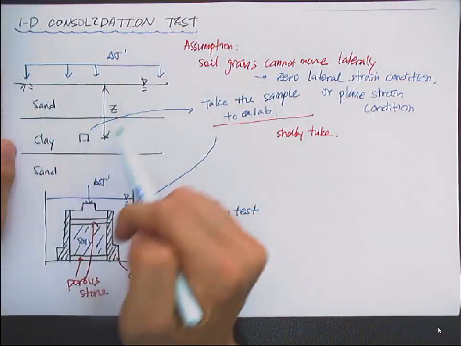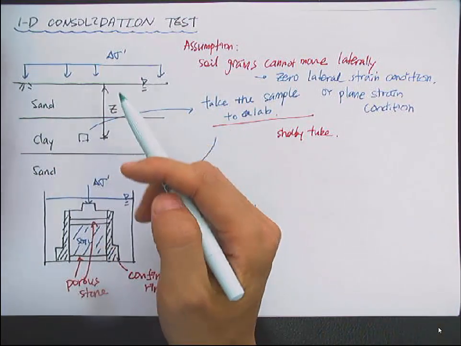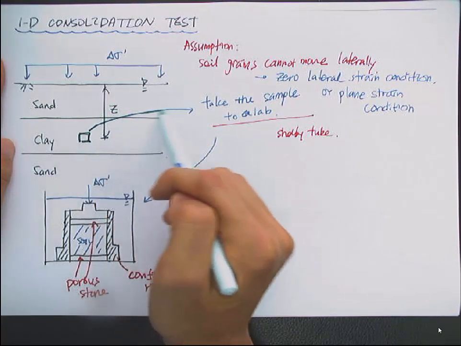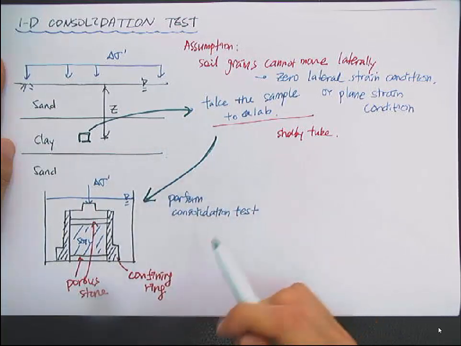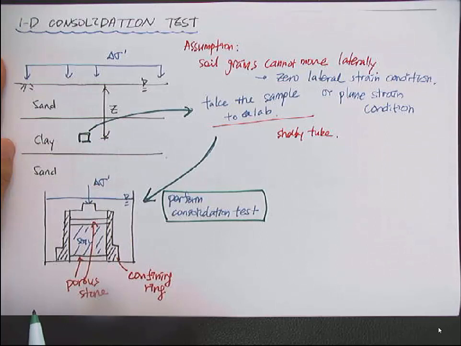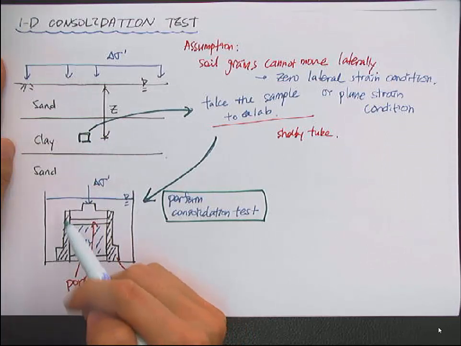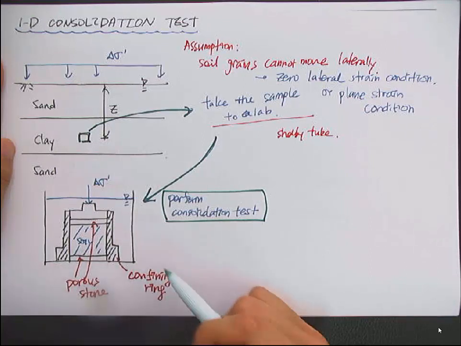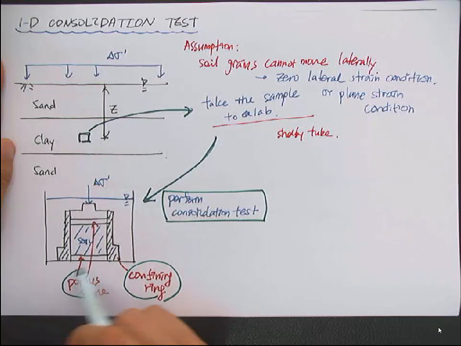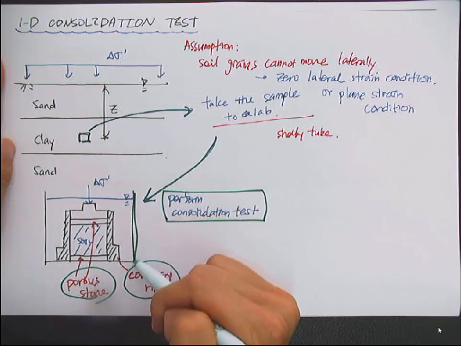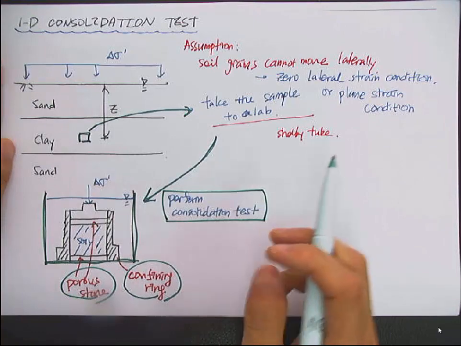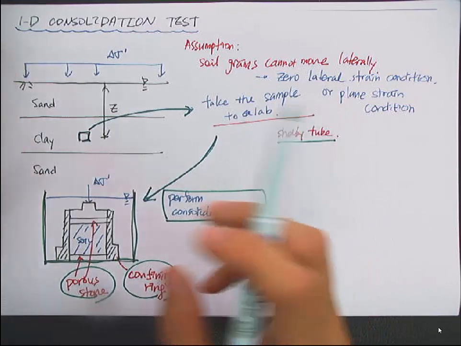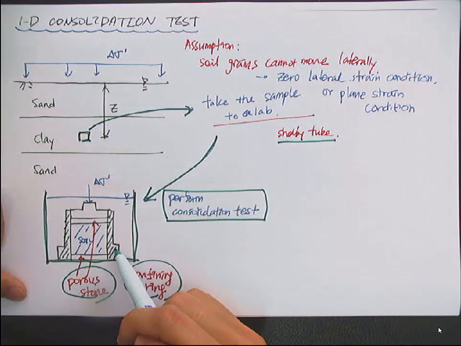So this is the site that we want to build some structure on. You take a sample from the clay layer, take it to the lab, and perform the consolidation test. Here the consolidation cell consists of several parts, including the confining ring, the porous stone, and also the water bath. First, you have a sample from the Shelby tube, and then you extrude the sample, trim it, and place it within this confining ring.